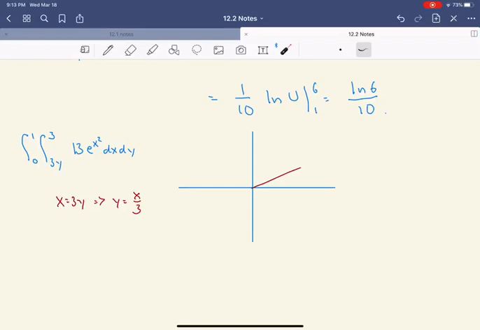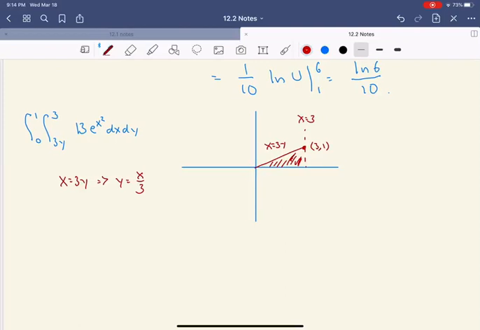So that's a line like so. Okay, so this line up here is x equals 3y, and that line there is x equals 3. This point here then is (3, 1). This is the region we're integrating over.